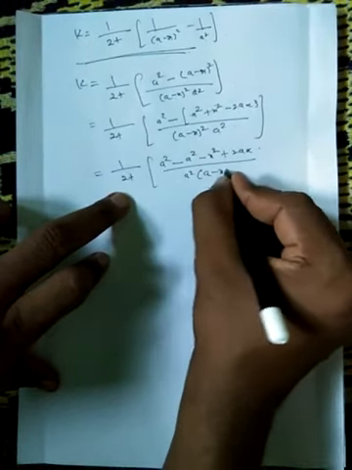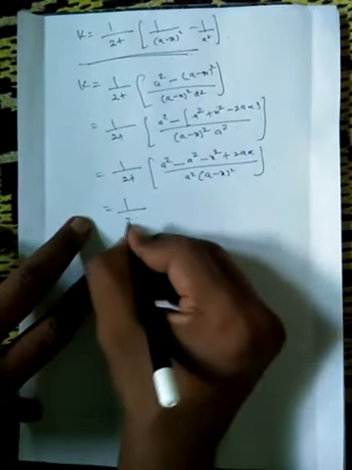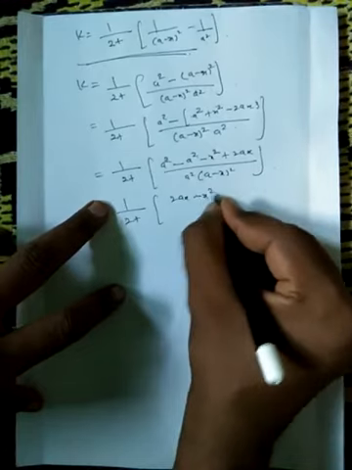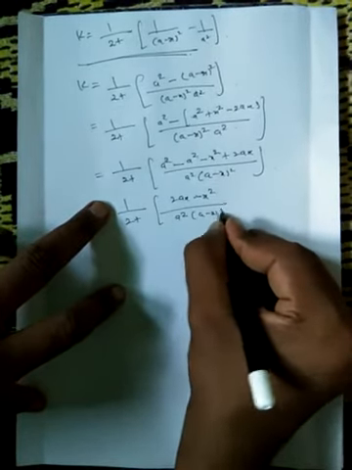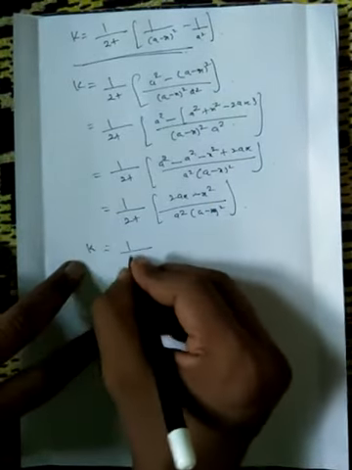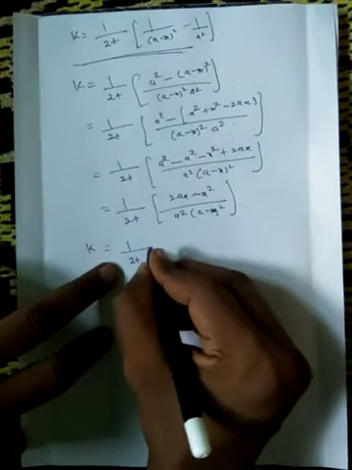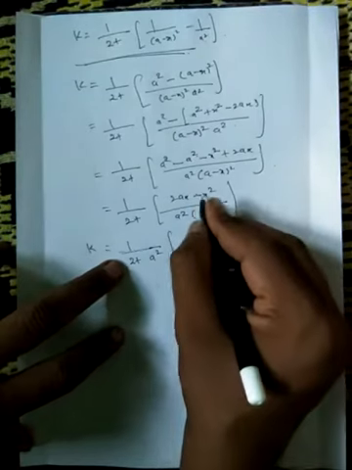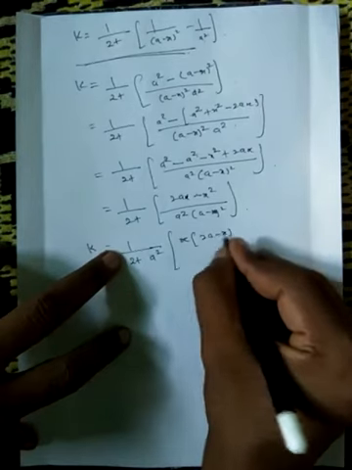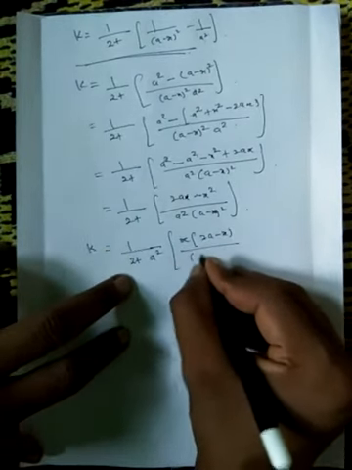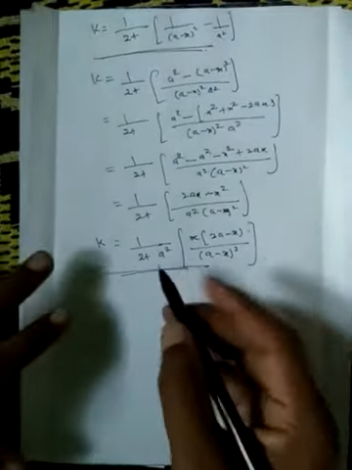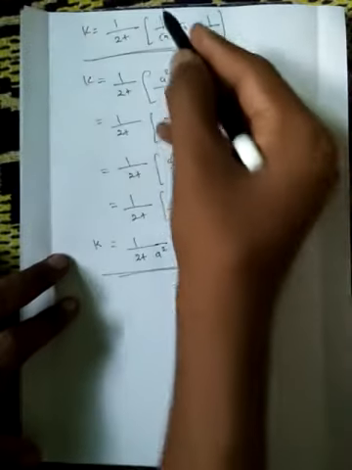A square minus (A minus x) square, 1 by 2, this gets cancelled. I'll write (2Ax minus x square) by A square (A minus x) whole square equal to 2t. X is common, right? I'll take x into (2A minus x) divided by A square (A minus x) whole square. So this is another form of the rate constant expression.